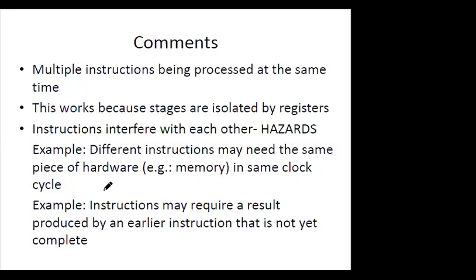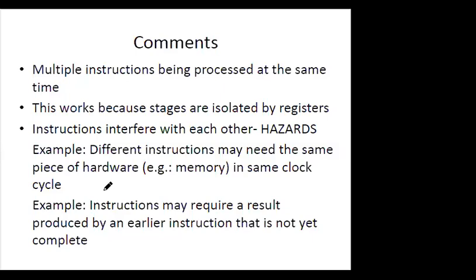There are three categories of hazards: structural hazard, control hazard, and data hazard. So when different instructions need the same piece of hardware or memory in the same clock cycle, this is a drawback, a hazard or constraint for the pipeline to operate.